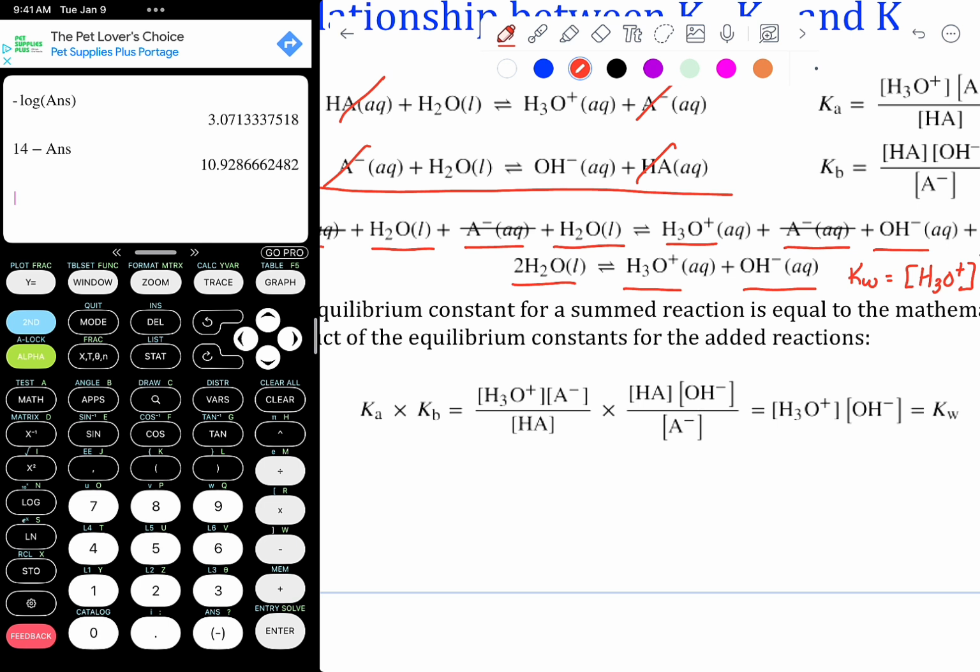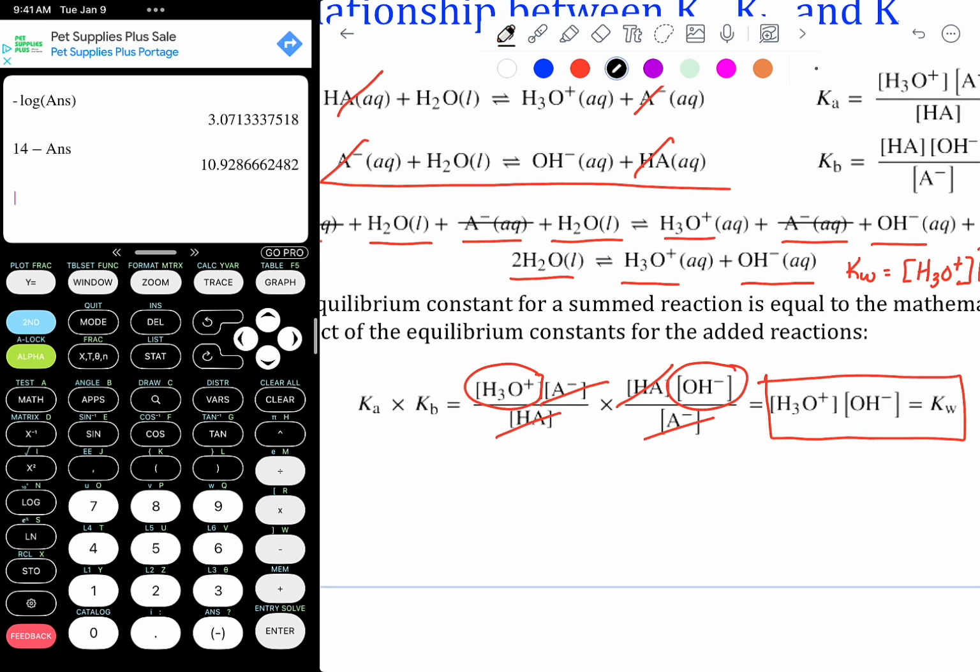Those A minuses will cancel, the HAs will cancel, just like they did in the balanced equation. We're left with the H3O plus concentration and the OH minus concentration, which again gives us our Kw expression. So the relationship between Kw, Ka and Kb is that Kw is equal to Ka times Kb.